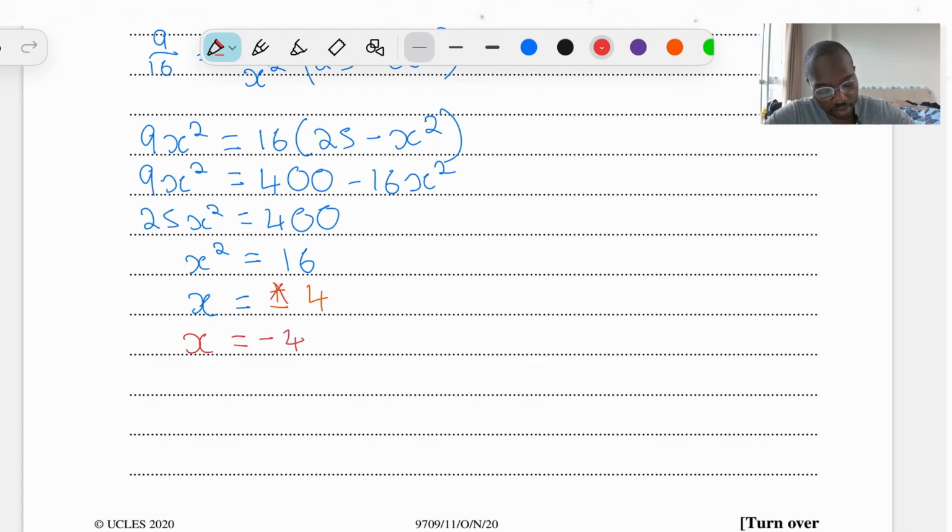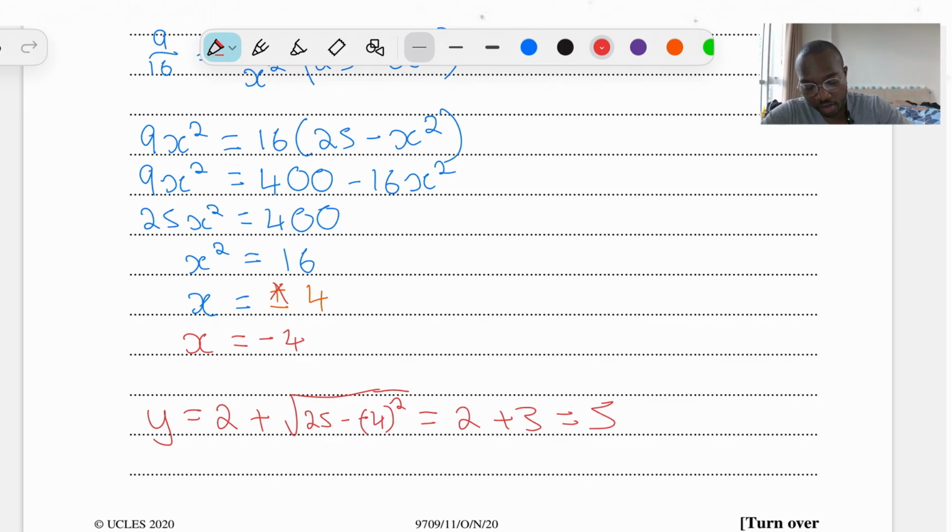So down here, we get y is equal to 2 plus the square root of 25 minus minus 4 squared. If you work this out, you get 2 plus the square root of 25 minus 16, which is 9. The square root of 9 is 3, so we get 2 plus 3 is 5. Therefore, we know that the coordinates are -4 and 5.